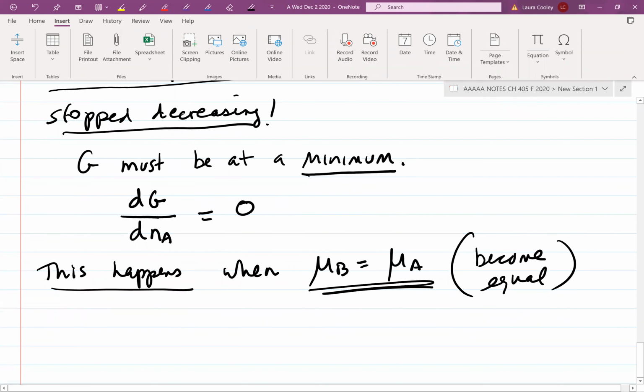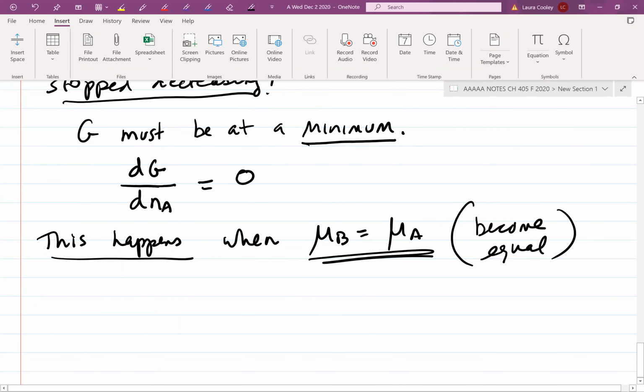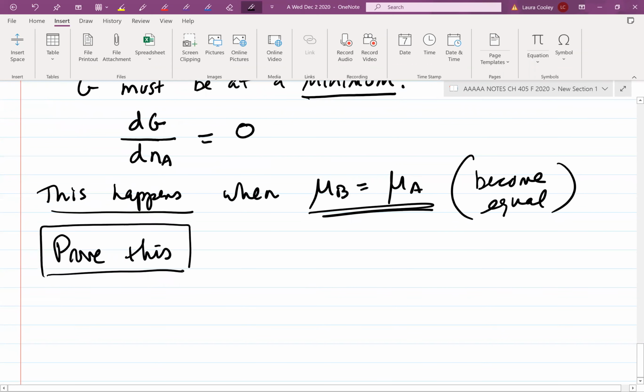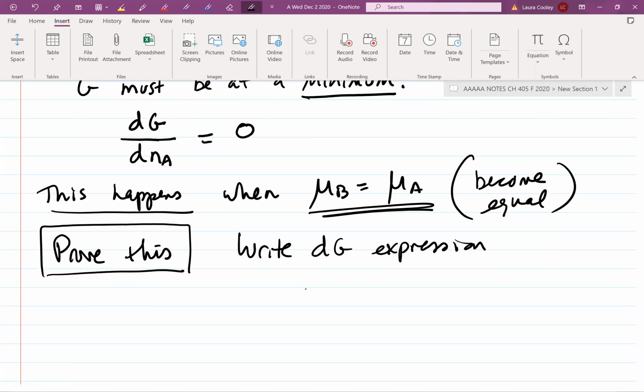And so what I'm going to do now is show you this mathematically. I need to prove this, which is not so hard in this simple case. I want to go back and write the expression for dG, and see how it relates to mu A and mu B, and get to this point where these two things come out to be equal.